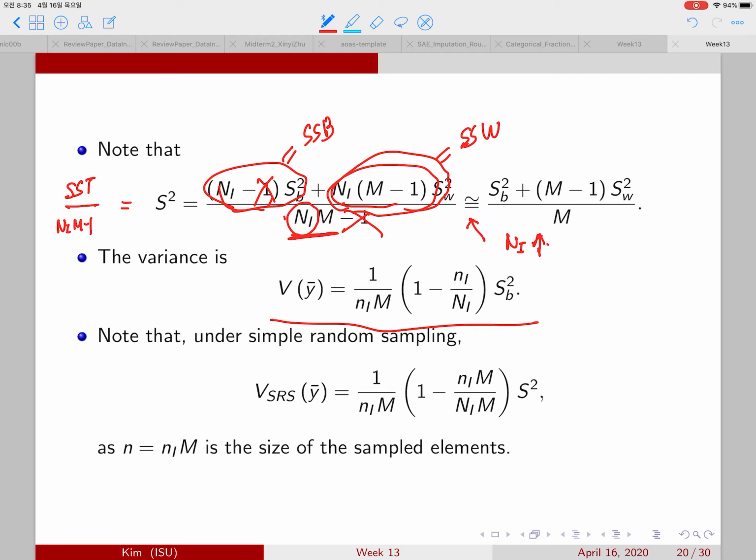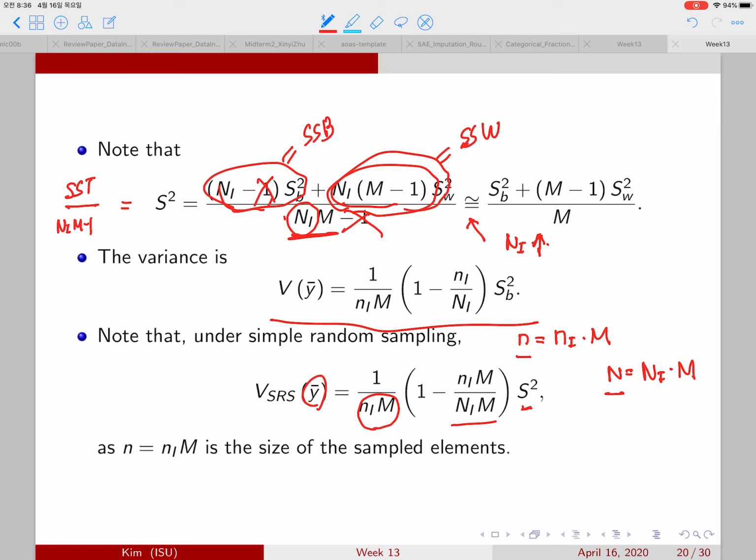Note that in simple random sampling, under the same sample size, the sample size is small n_i times m. The population size is N_i times N. So if you use this sample size and population size, the variance will be 1 over n, which is n_i times m, times the sampling fraction, and then s square.